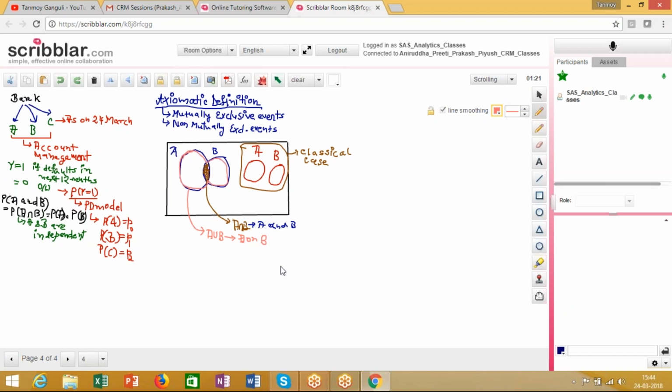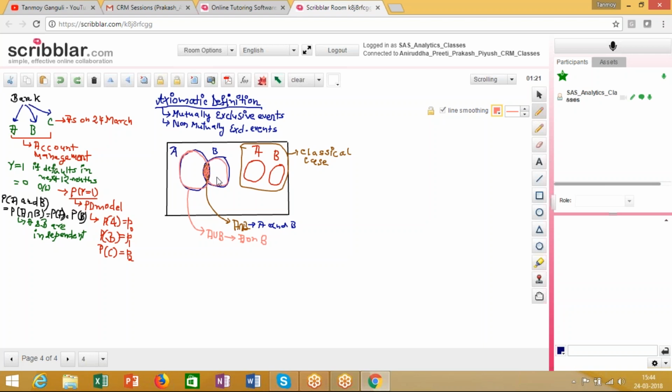However, if we are talking about A union B, you will see that there is this A intersection B which is also falling in between, and hence this is the part which needs to be adjusted.